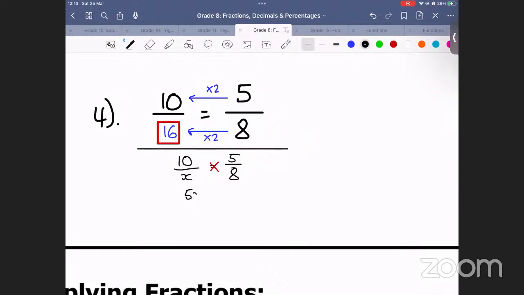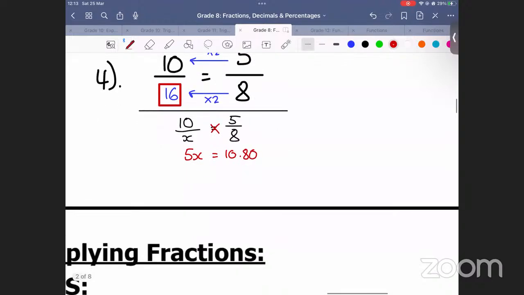So 5 times x is 5x, and 10 times 8 is 80. I said 800 and x equal to 200, but that is completely wrong. 5x is 80, not 800, sorry.